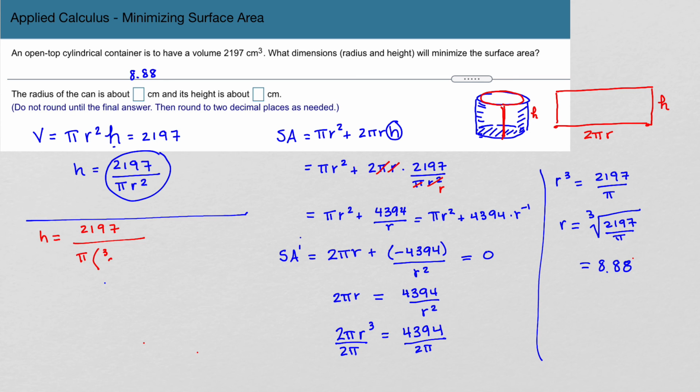I'm going to put in cube root of 2197 over pi and then square that, because I don't want to put in my rounded value of 8.88. That may throw it off just enough to get a wrong answer on the homework. So I'll put this into the calculator, and I get 8.88 for that as well. So that's crazy. But that's the final answer. So that's how you do that problem.